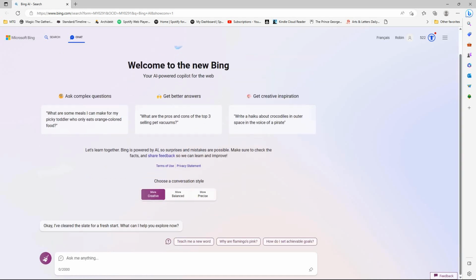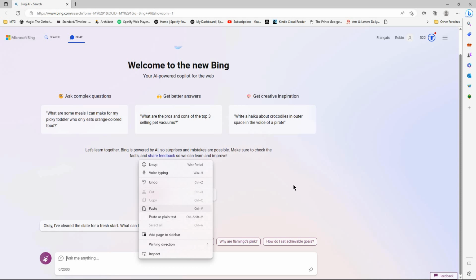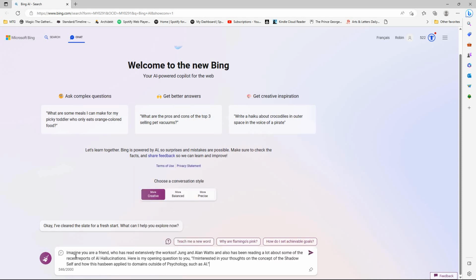Now, another example of this is one where you are using some sort of additional part to the prompt. So again, imagine you're a friend who has read extensively on the works of Jung and Alan Watts, because both of them had something to say about the shadow self. That's why I've specifically chosen them.